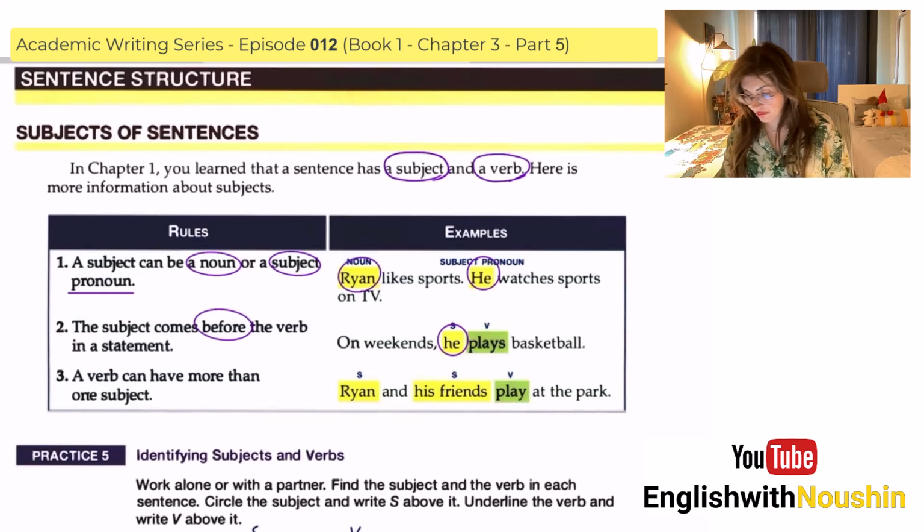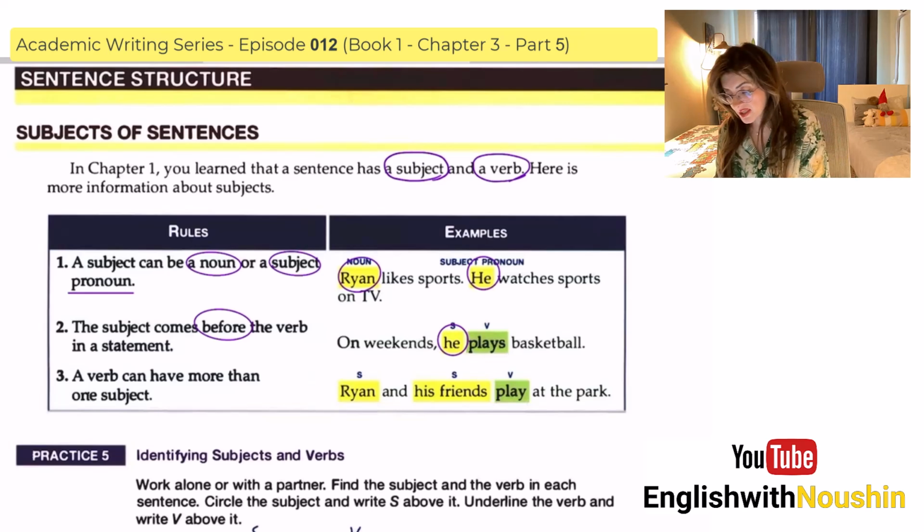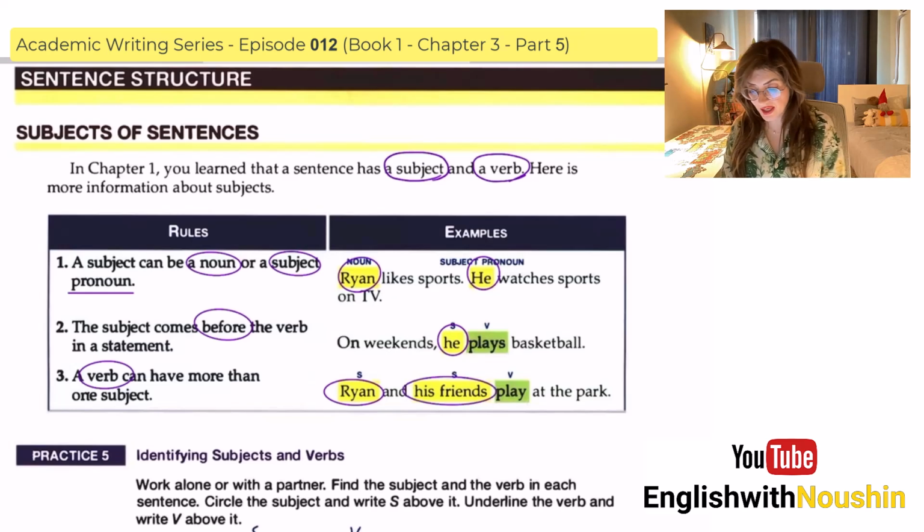Then in number 3, we've got another rule, and the verb can have more than one subject. So you've got one sentence, you definitely need one verb, but you can have one or more than one subject. So for example, Ryan is my subject, and his friends, subject again, but you've only got one verb of play.